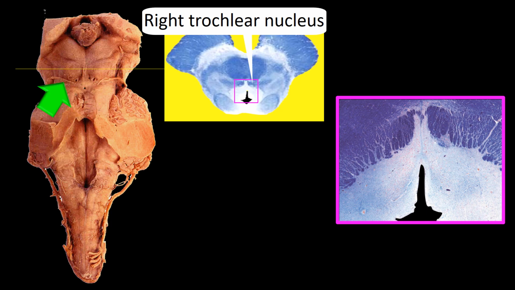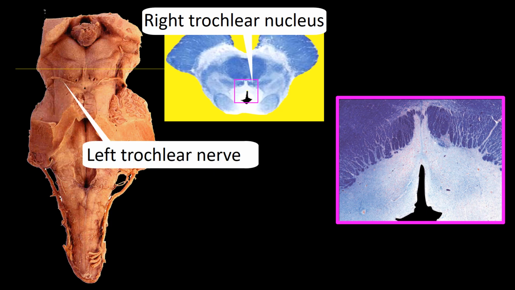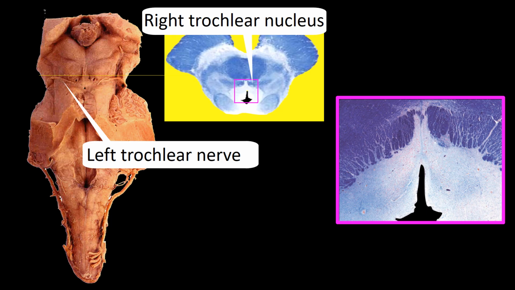I have now placed an arrow indicating the left trochlear nerve. The left trochlear nerve arises from the right trochlear nucleus. Why is this important? You can see in this frame the right trochlear nucleus from which the left trochlear nerve arises.